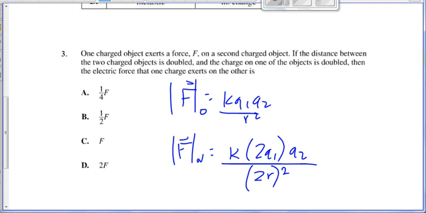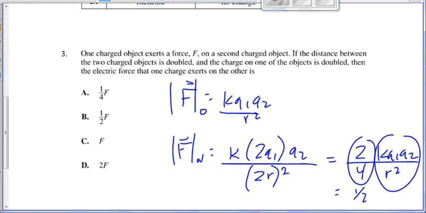That means we're squaring 2R, which becomes, pull the numbers out front here, 2KQ1 Q2 over, now 2 squared is 4. So over 4R squared. In other words, it becomes a half of what it originally was, a half of the old force or the original force. So the answer would be B. How many people got that? Good, good.